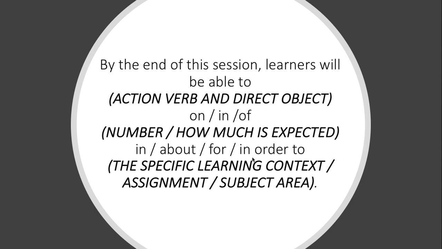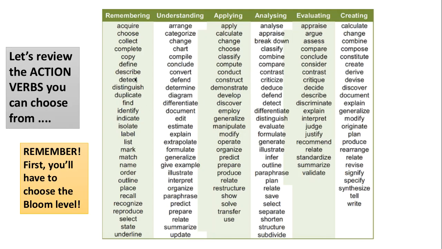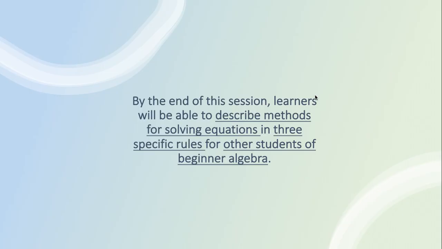And in order to, why? To help other learners of beginner algebra. Let's look at it again. Okay, so we've got our action verb. And where does that fall in the taxonomy? Describe. Ooh, that's a pretty high order skill now, isn't it? It falls under evaluating.